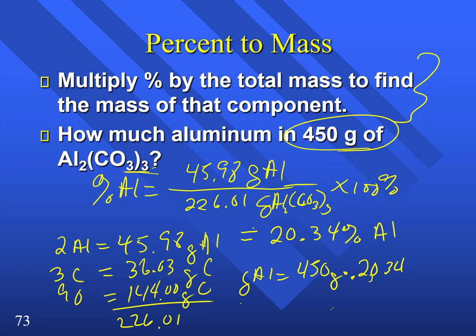Percent means divide by 100, that means move the decimal place back twice. So 450 times 0.2034, and I get that there's 91.5 grams of aluminum.